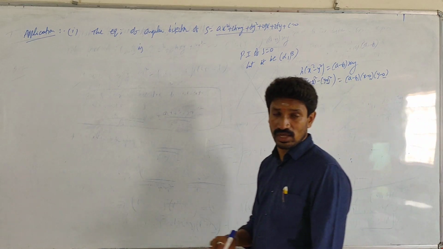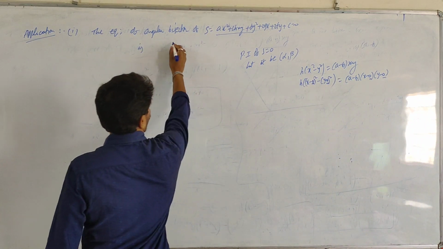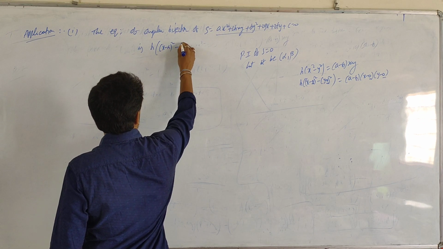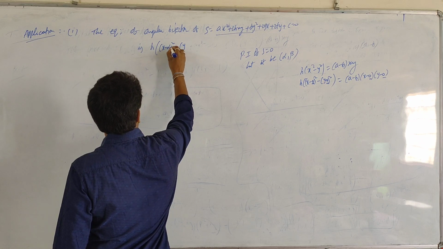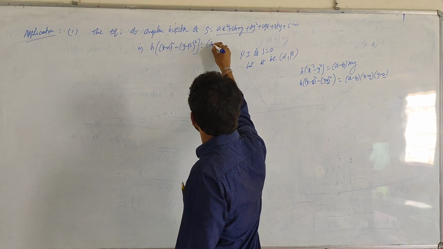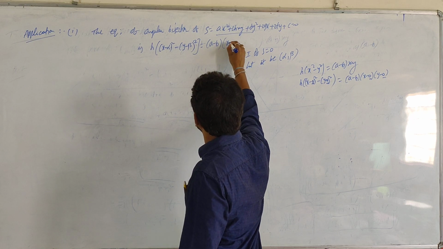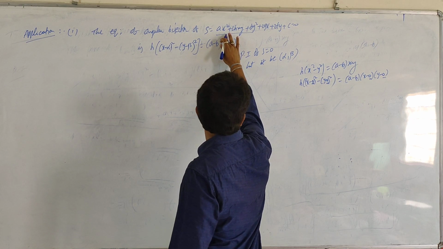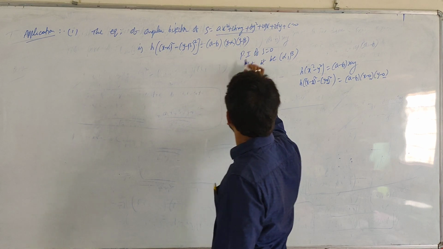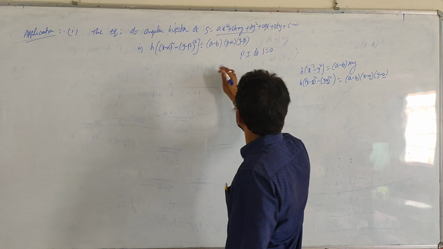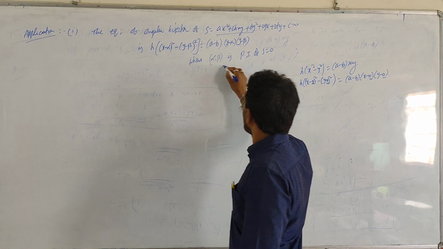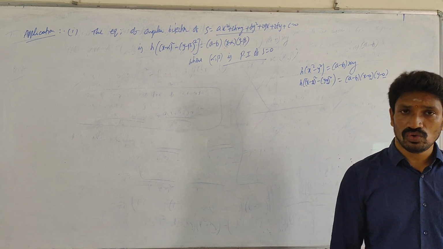That is our required formula: h into (x minus alpha) whole square minus (y minus beta) whole square is equal to (a minus b) into, in the place of x substitute x minus alpha, into, in the place of y substitute y minus beta, where alpha comma beta is the point of intersection of S equal to 0.